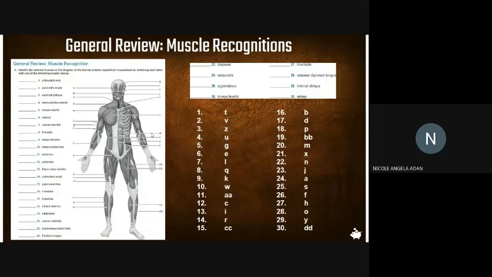Number 21, transversus abdominis, letter X. Fibularis longus, letter N. Number 23, letter J, iliopsoas. 24, temporalis, letter A. 25, zygomaticus, letter S. Number 26, triceps brachii, letter F. Number 27, brachialis, letter H. Number 28, extensor digitorum longus, letter O. Number 29, internal oblique, letter Y. Number 30, soleus, DD.